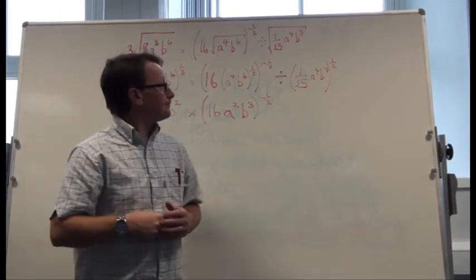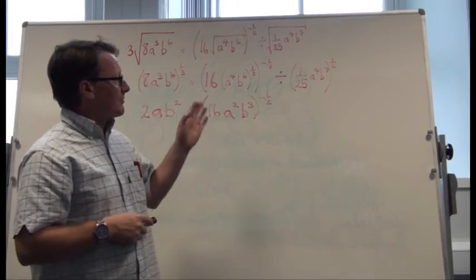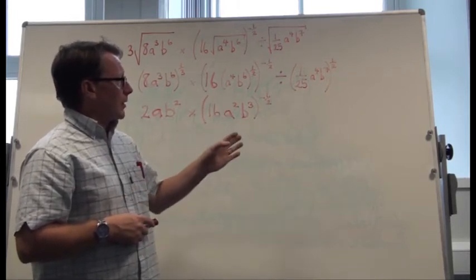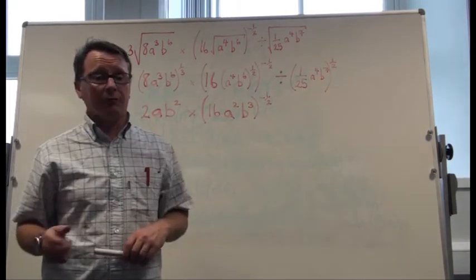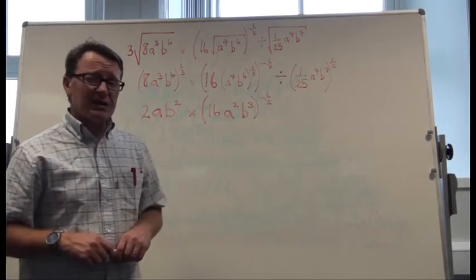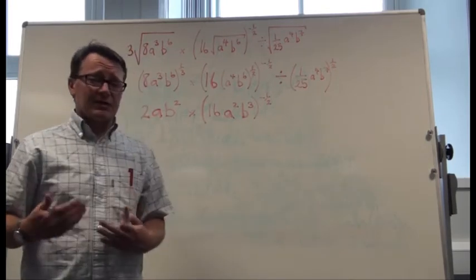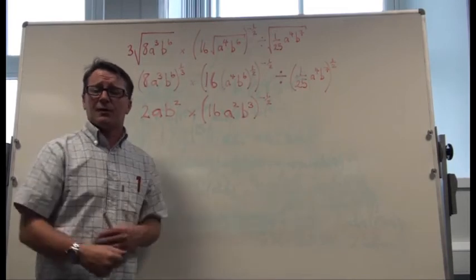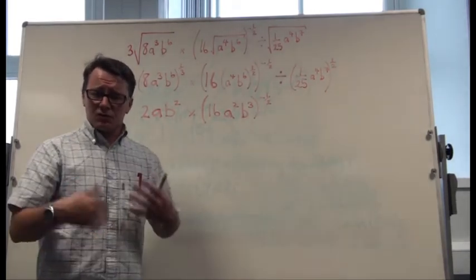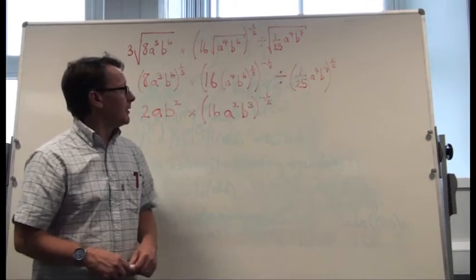And then finally, we're going to divide by 1 over 25 a to the power 4, b to the power 7 to the half. So one thing that we can do here, if you want to make things a little bit easier, is I always find it's easier to deal with multiplying powers than dividing them. It's just one extra thing that you've got to think of.